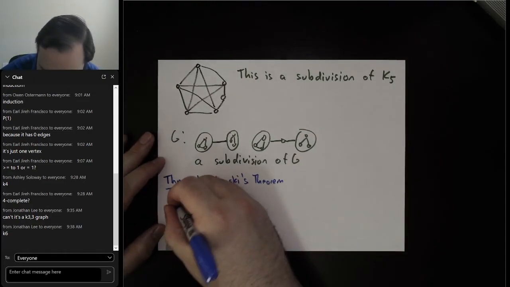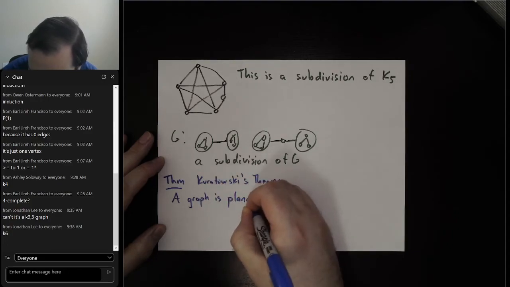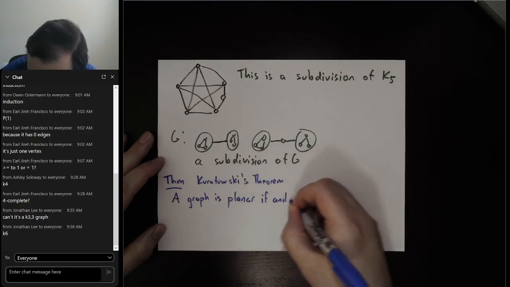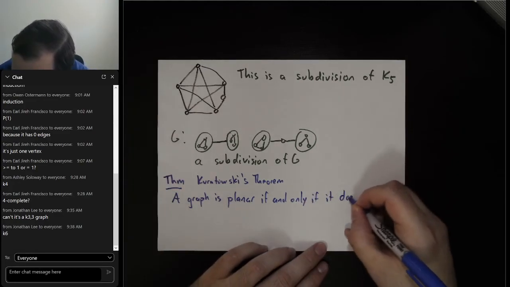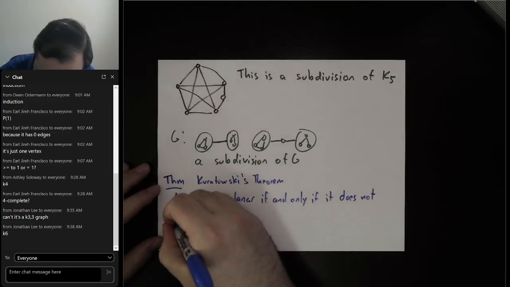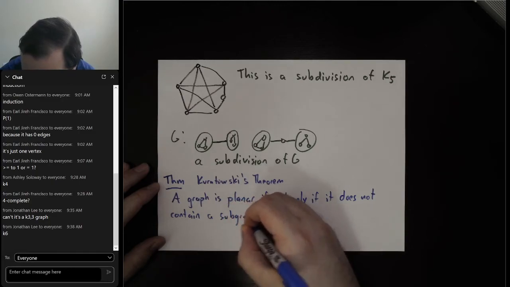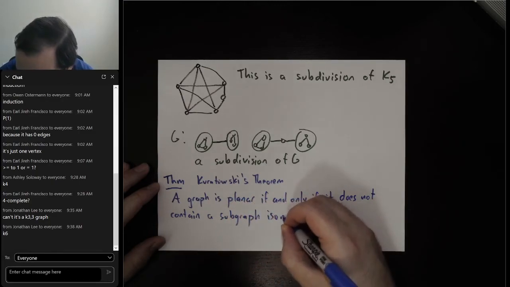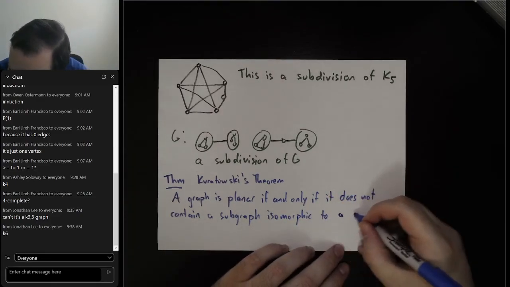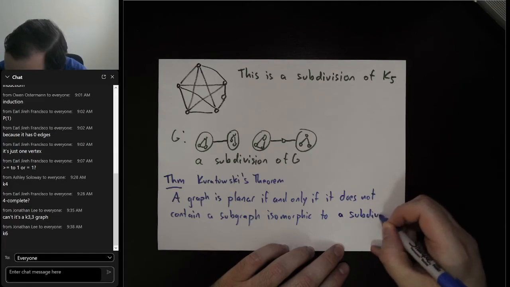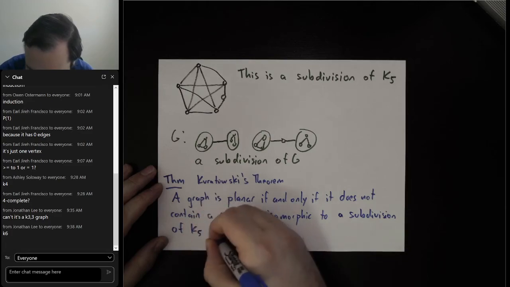A graph is planar if and only if it does not contain a subgraph isomorphic to a subdivision of K5 or K33.